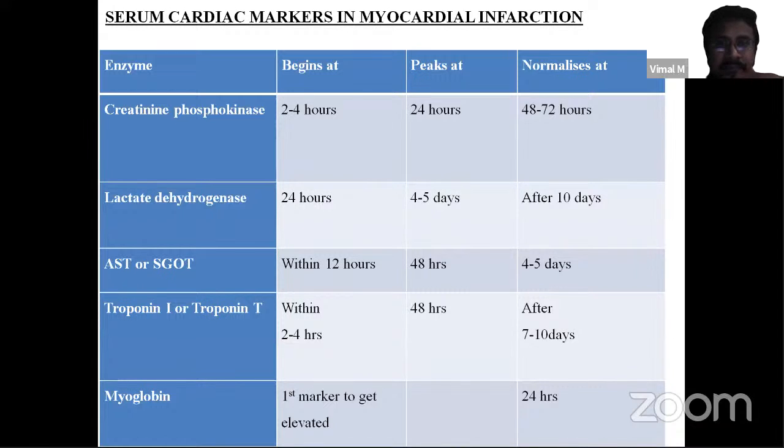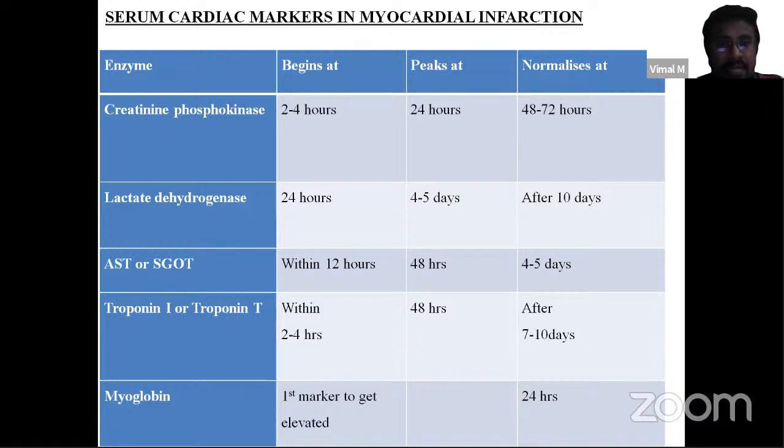For solving this MCQ, this table will be helpful for you. Here I have tried to summarize the different serum cardiac markers, when they first appear in the serum, when they reach the peak and when they normalize. First, let us see creatine phosphokinase.